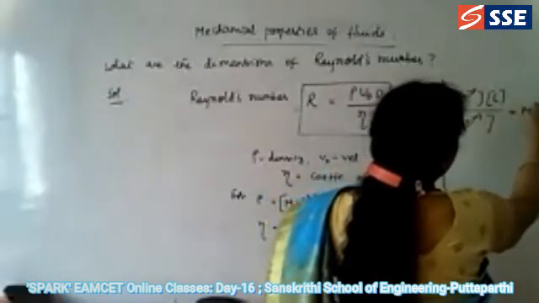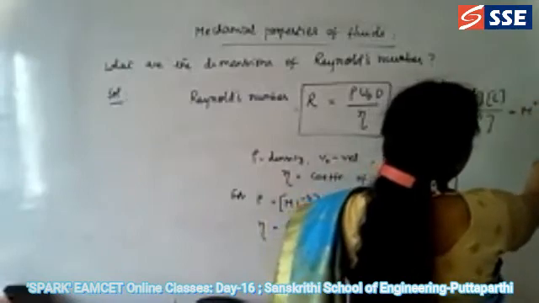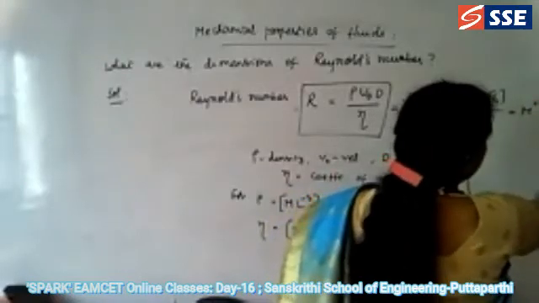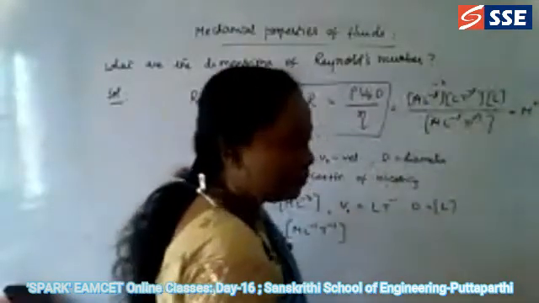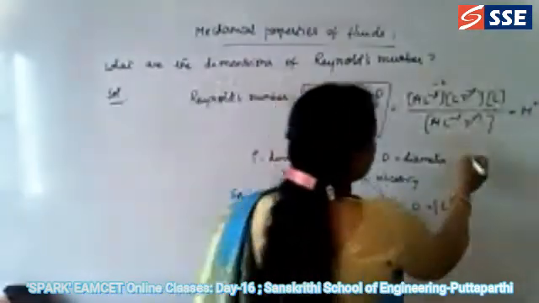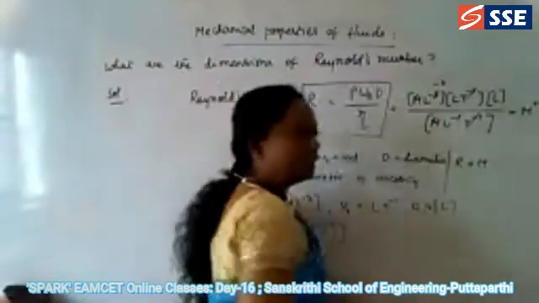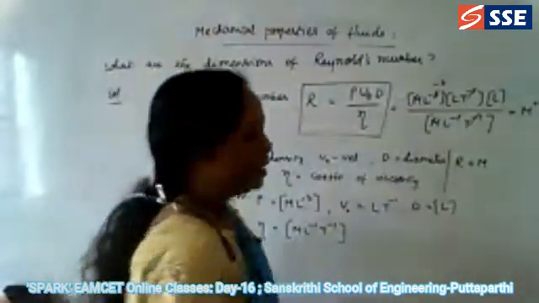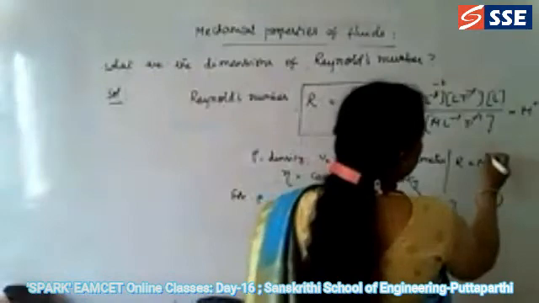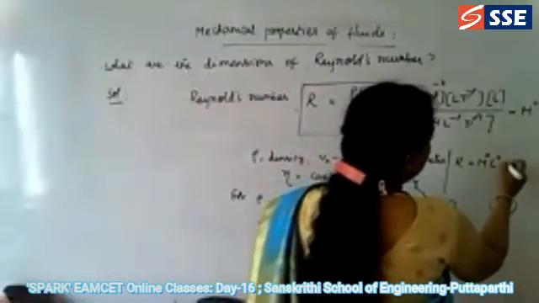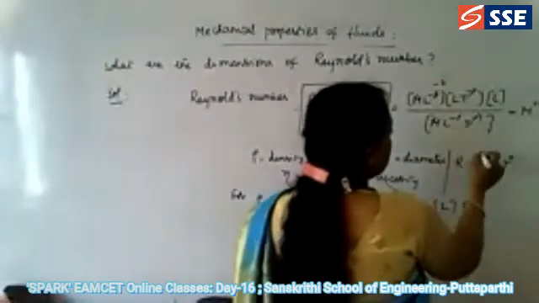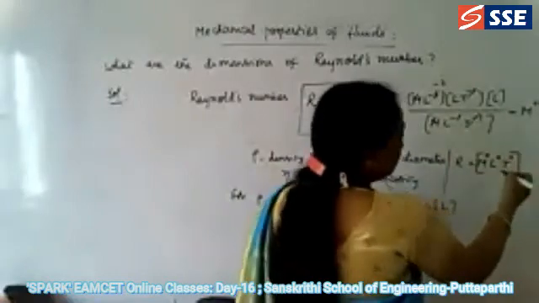Therefore, M power 0, L power 0, T power 0. Write down the dimensions for R. All the physical quantities are cancelled. Therefore, M naught, L power naught, T power naught. So these are the dimensions for Reynolds number.